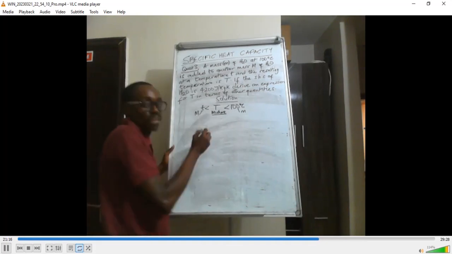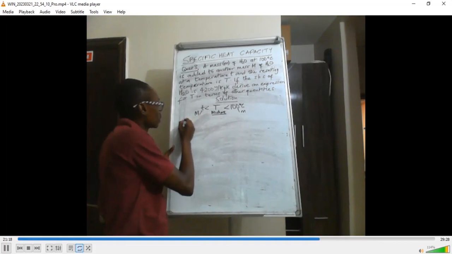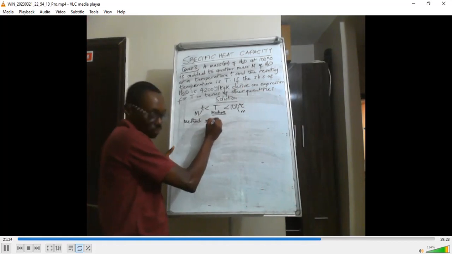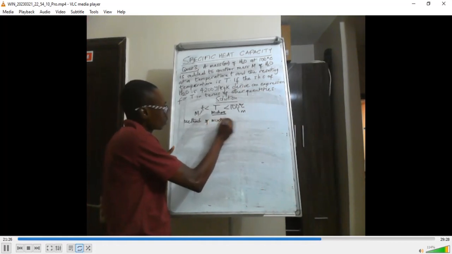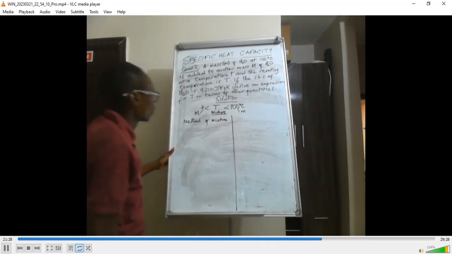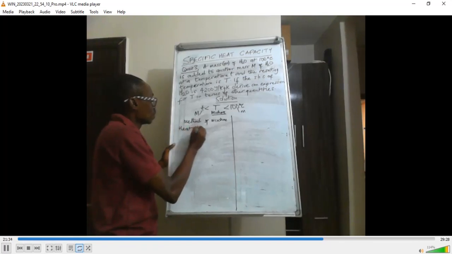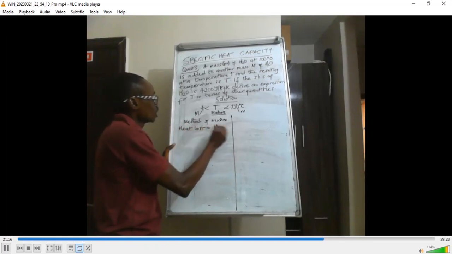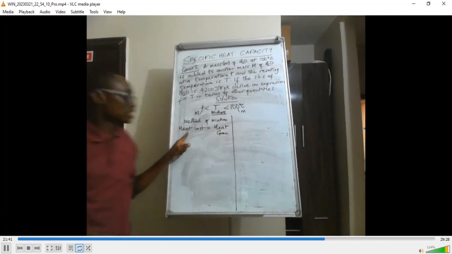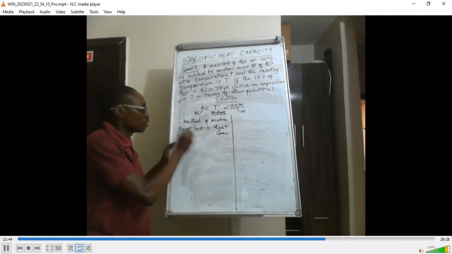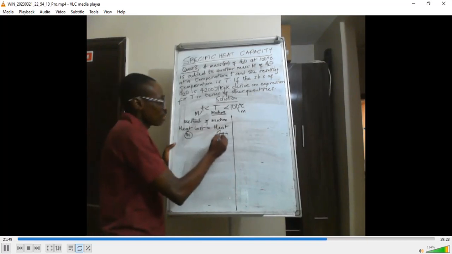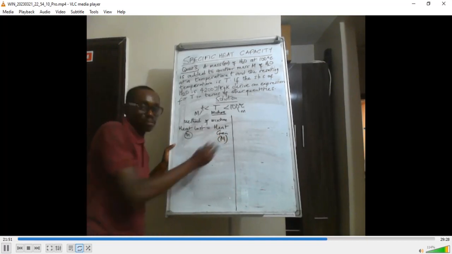So based on the method of mixture, we are told that heat loss is equal to heat gain. Which is losing it? Small m of water. Which is gaining it? Capital M of water.